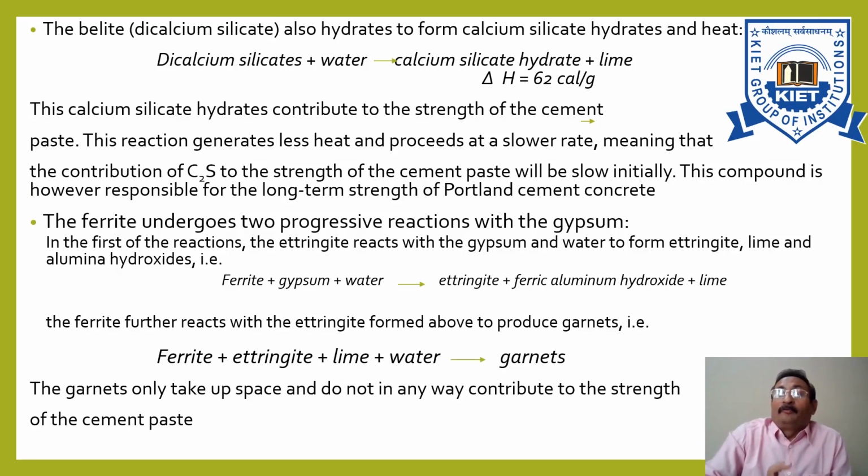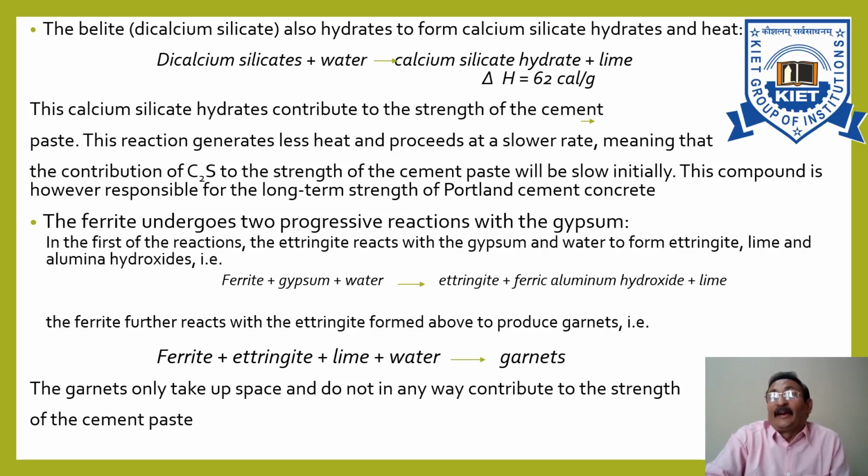Now, when discussing belite, that is dicalcium silicate, it also hydrates and forms calcium silicate hydrate and heat. In this case, the heat is 62 calories per gram. You have to remember that this calcium silicate hydrate contributes to the strength of the cement.